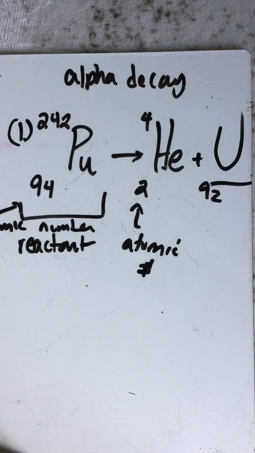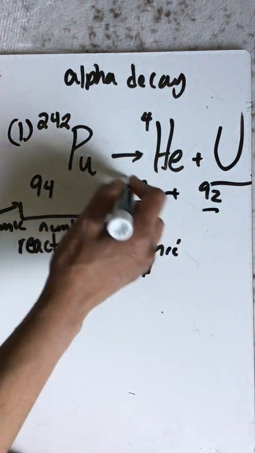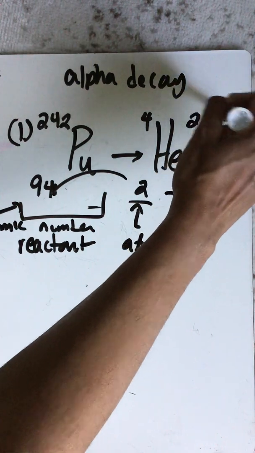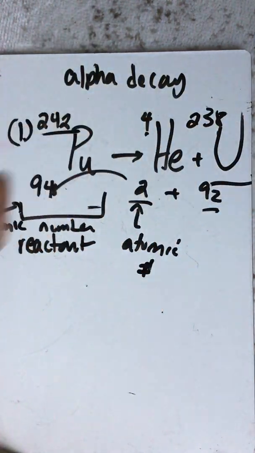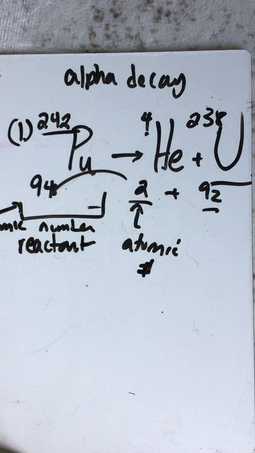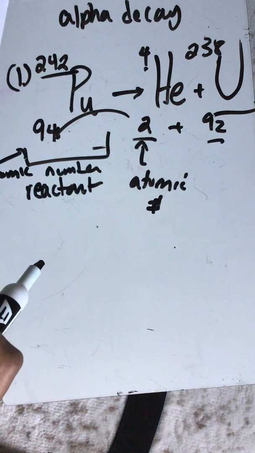So 92 plus 2 would make 94. And then what number would go up here? It would be 238. 238 plus 4 makes 242. And that's what you made when you had alpha decay. So you can see it's not that hard. We can do another one.